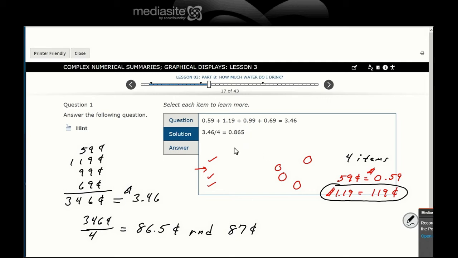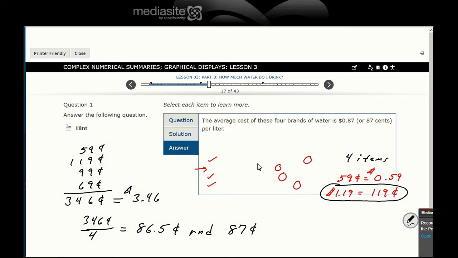Okay, so the average cost of these 4 brands of water is 87 cents, or $0.87.